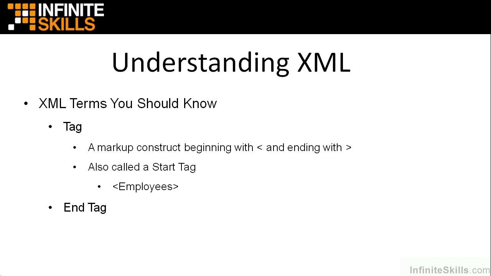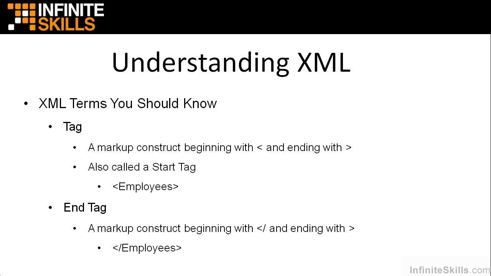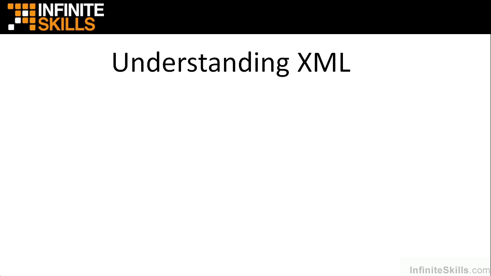Then there's an end tag, and this is a markup construct beginning with the less than and the /, and this is what an end tag looks like. And this is one of the basics of XML because when we have a start tag and an end tag, we then are establishing a hierarchy and other tags can go inside these. And so with a well-formed XML document, anything inside the employees tag would have to open and close. It couldn't close outside the employees tag. It has to be completely encapsulated within there.